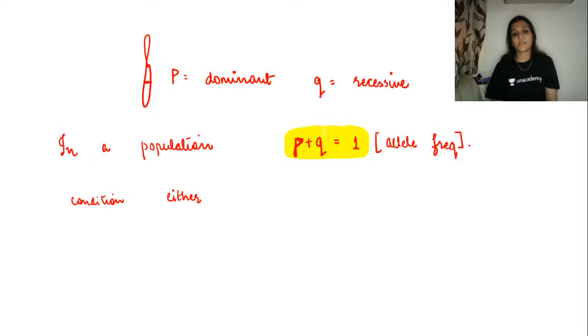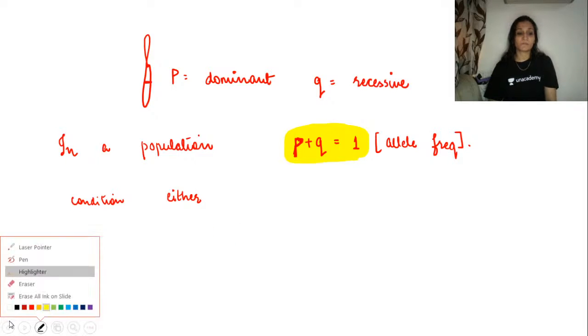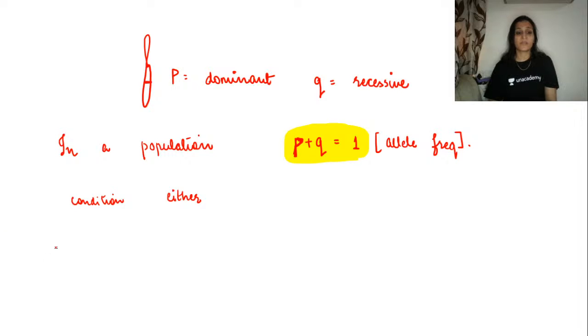You won't face any challenge in remembering the formula, but the challenge is to solve the question. So the condition is either P or Q at one loci. Either P or Q will be there at that particular loci.